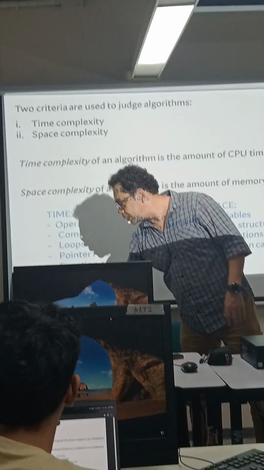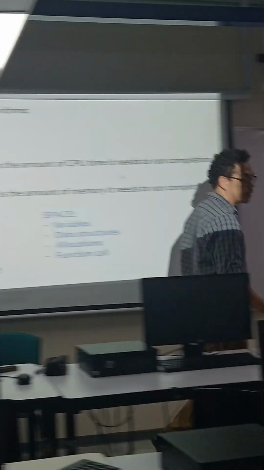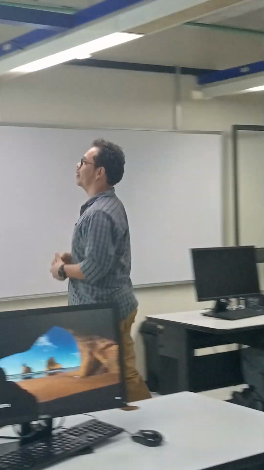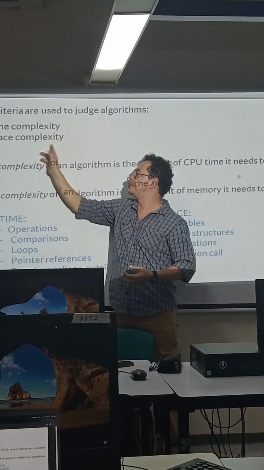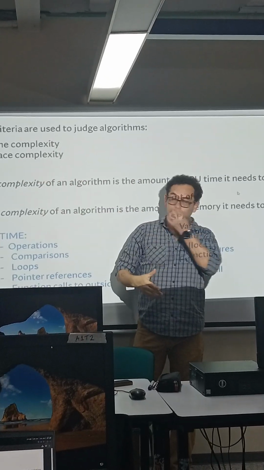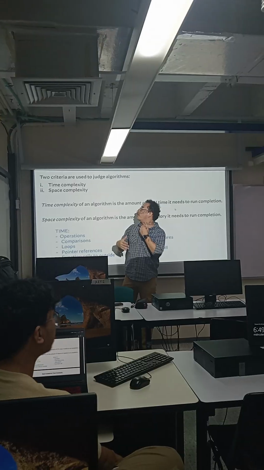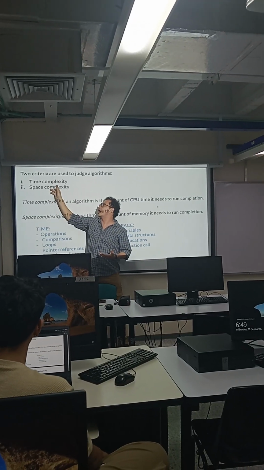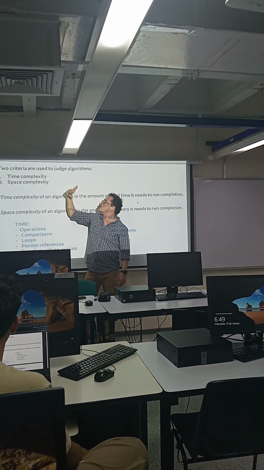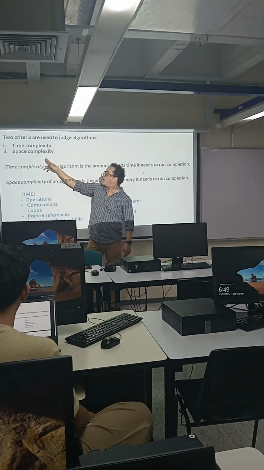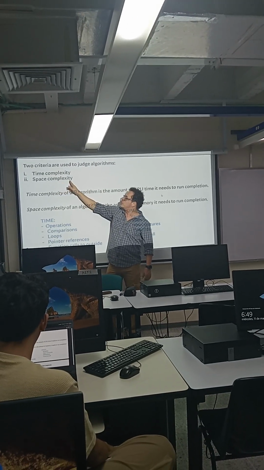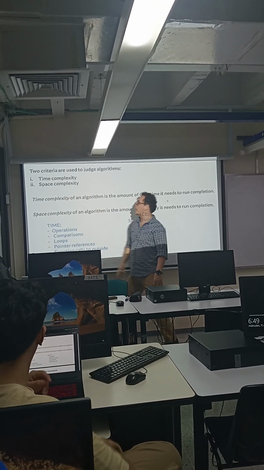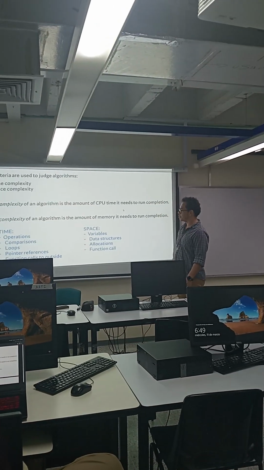This is the same that we use with complexity. When we compare the complexity of algorithms, we are comparing a function that defines the time complexity or the space complexity. As I said a moment ago, time complexity is regarding the instructions, how many instructions the algorithm needs to run, and space complexity is regarding the memory, how much memory the algorithm needs to use for the data.